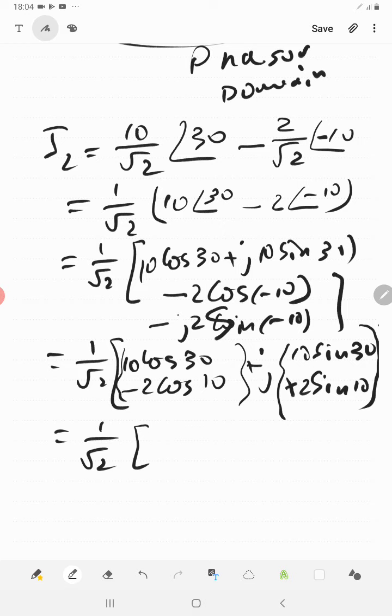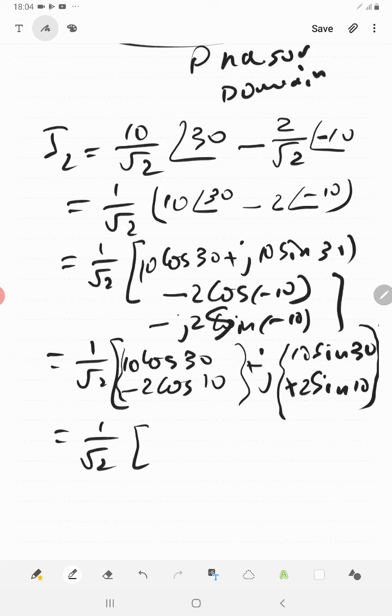I'm doing it through MATLAB, so I define I1 equals 10 times e to the j times 30 degrees times pi divided by 180 to convert it to radians, that will give me I1, which is 8 point something plus j.